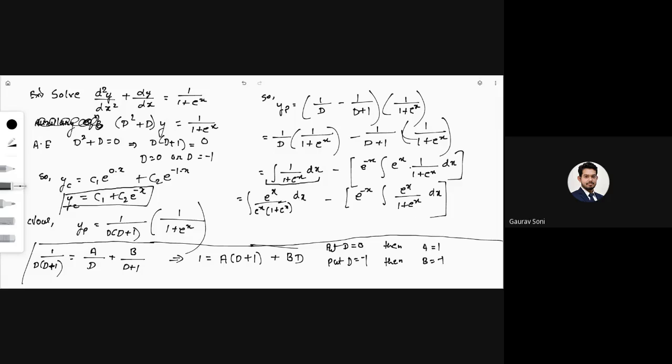Clear up to this? Now I will call the first integration I1 and the second integration I2. Note that our answer yp is I1 minus I2. So on the next sheet I will find out I1 and I2.